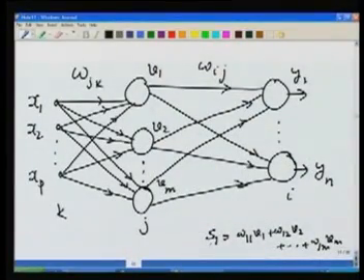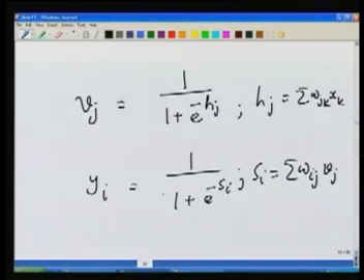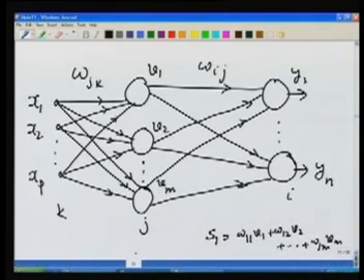Once you compute what is s 1, the next stage is y 1. y 1 is 1 upon 1 plus e to the power minus s 1. This is a sigmoidal activation function. So, we are done with how to compute y 1 to y n given x 1, x 2, x p using forward propagation.